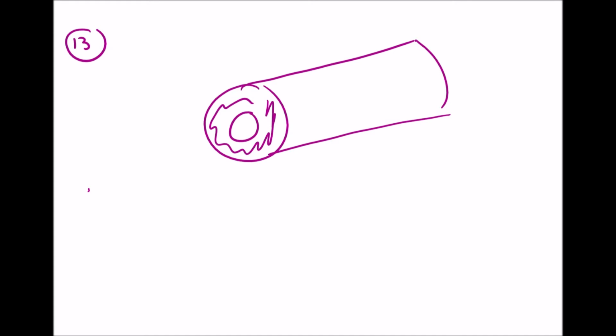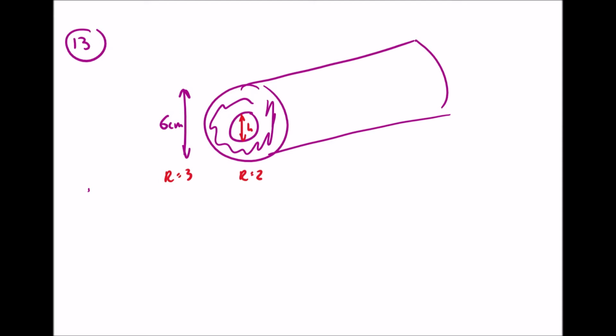So how we do that is pretend it's a solid pipe first. By the way, the dimensions from top to bottom is 6 centimeters, and in here from top to bottom is 4. So that means the radius of the small one is 2 and the radius of the big one is 3. So we're going to get the volume of the big pipe first using pi r squared h.